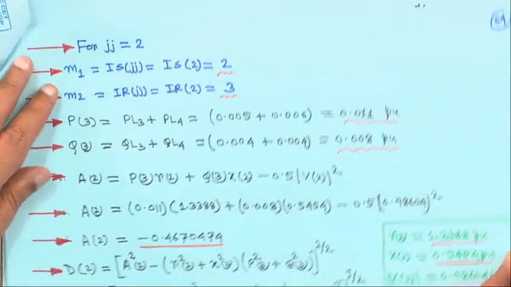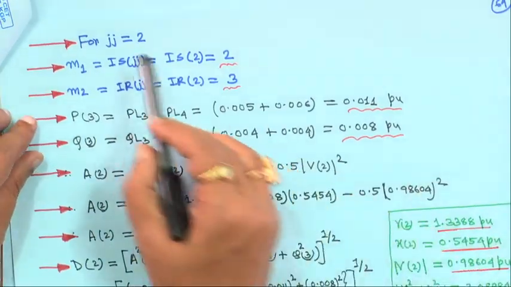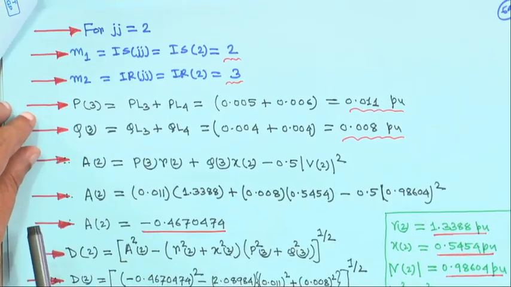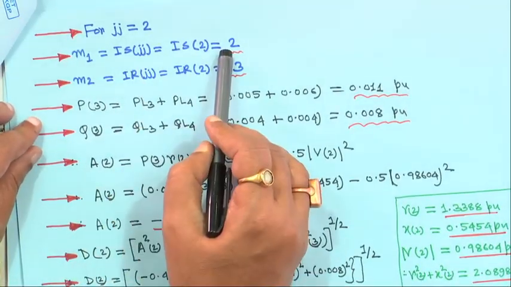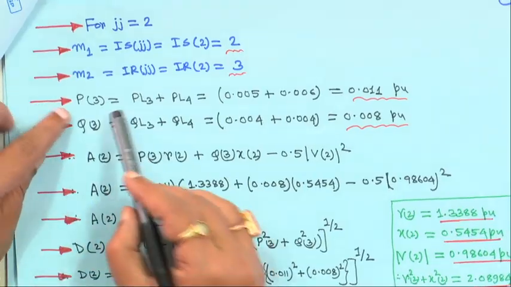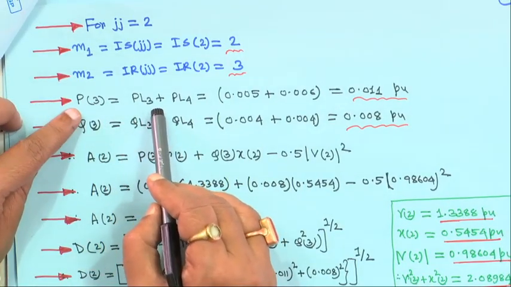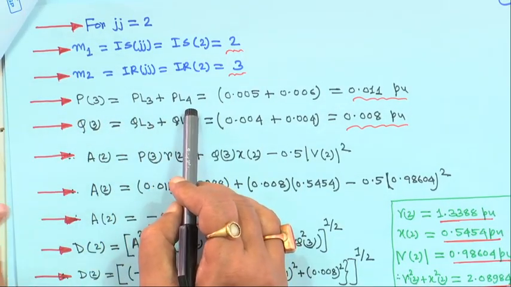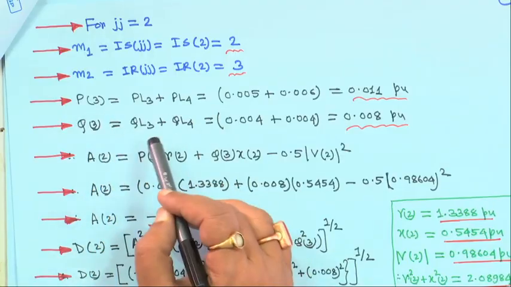Similarly, for jj equal to 2, m1 is equal to 2, all this I have explained, and m2 is equal to 3. Therefore, P3 will be PL3 plus PL4, as initially the losses are all neglected.